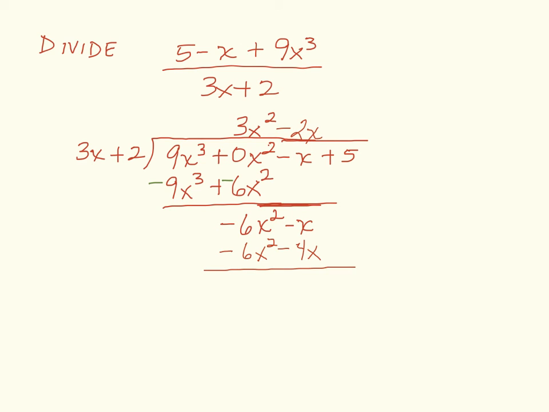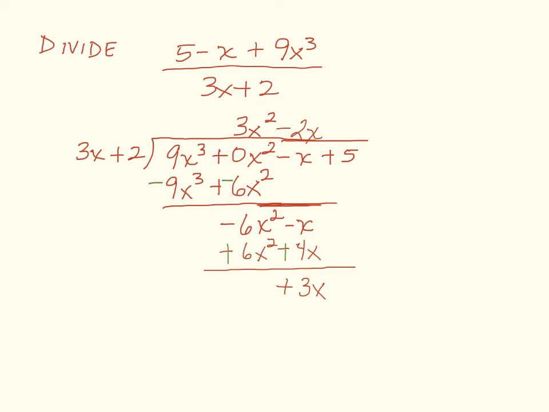Then we subtract. But what happens to the sign now when we subtract? Well, the negative becomes a positive, and the negative there becomes a positive, because subtraction means change the sign. So we have a negative x and a positive 4x, so that gives us plus 3x. Okay, and negative 6x squared plus 6x squared is 0.